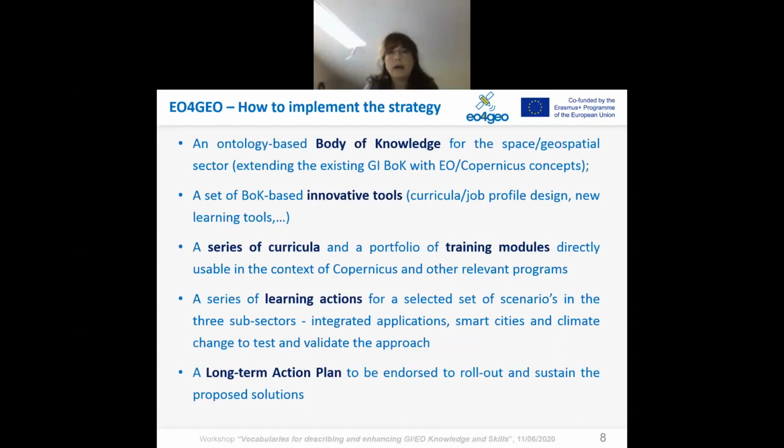So how are we implementing the strategy? Through concrete actions that are now in the core implementation phase, and some of them will be further explained to you by my colleagues in the following presentations.